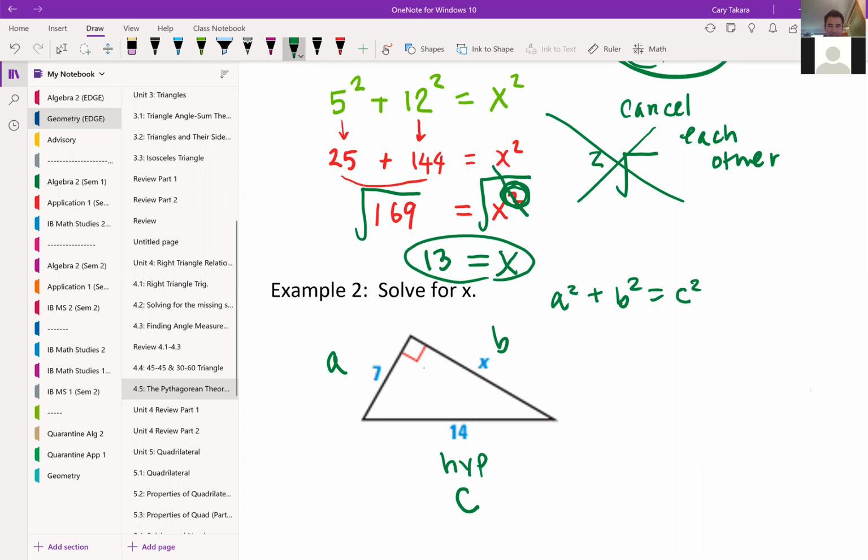So let's apply that. A is 7, so it's going to be 7 squared plus B, which is x squared, equals C squared. C is 14, 14 squared.